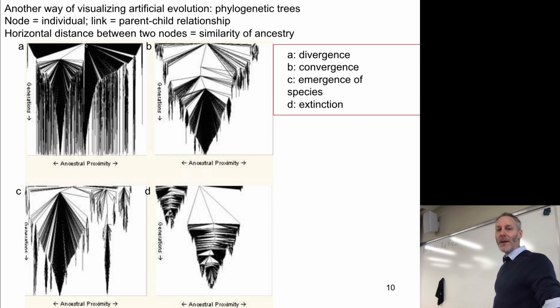Okay, first thing to notice, in this particular evolutionary run, they got divergence. So they had way up here at the top, one ancestor. This was probably the first non-null phenotype, the first thing that actually moved in the simulator. It produced 1, 2, 3 children way up here at the top, and all 3 of those children were successful.